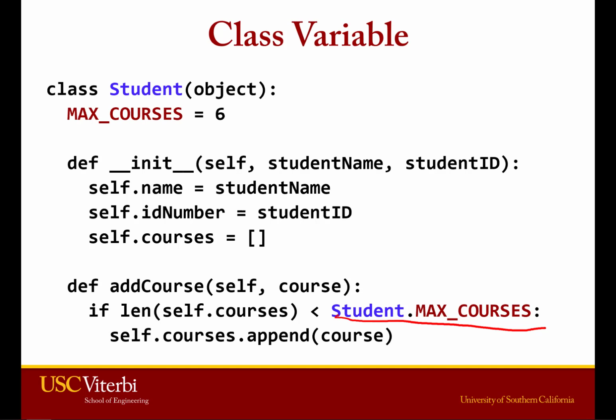Well, one thing that's nice in object-oriented programming is, let's say you're building a university system. Well, there's a lot of max courses. A student might have a max courses. A classroom might have a max number of courses that can be held in it every day, let's say before it needs to be cleaned. A faculty member might have a max number of courses that they can teach in a semester, and those numbers might be different.